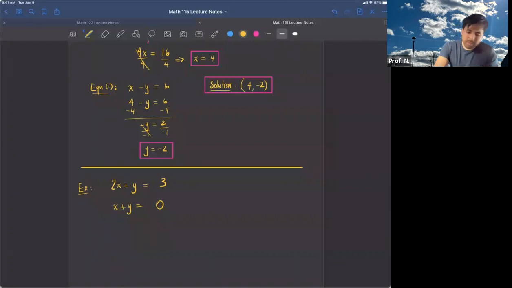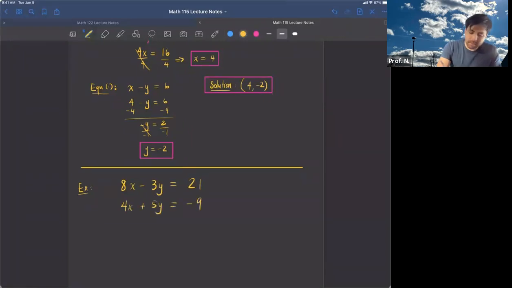So I'll give you something like this now. What if I get something like this? 8x minus 3y equals 21 and 4x plus 5y equals negative 9.